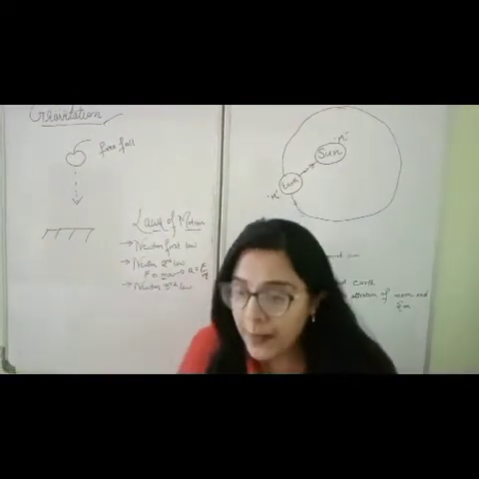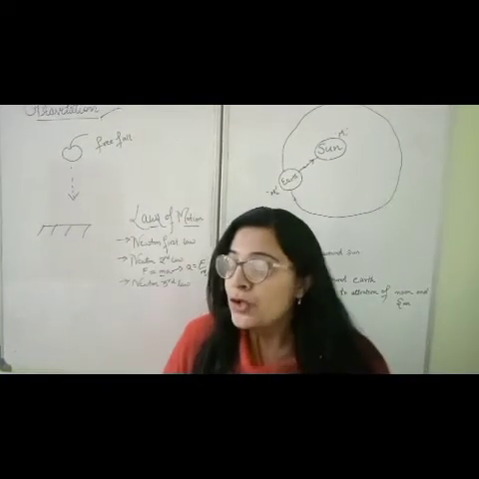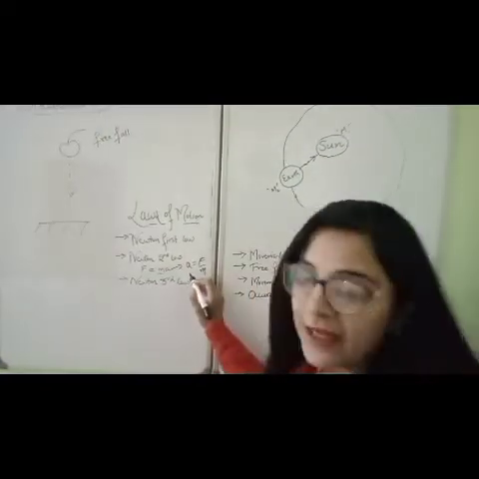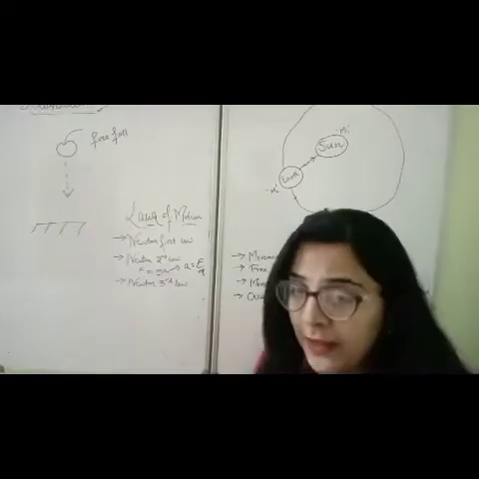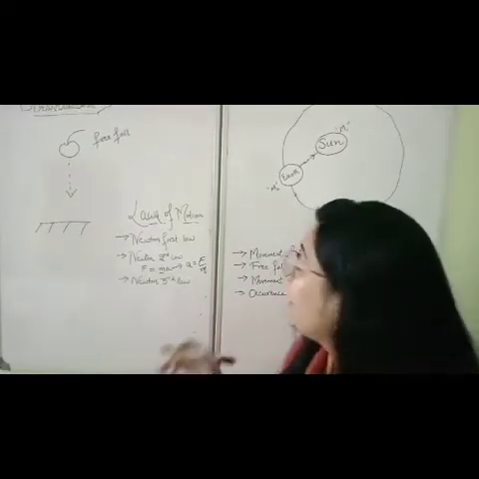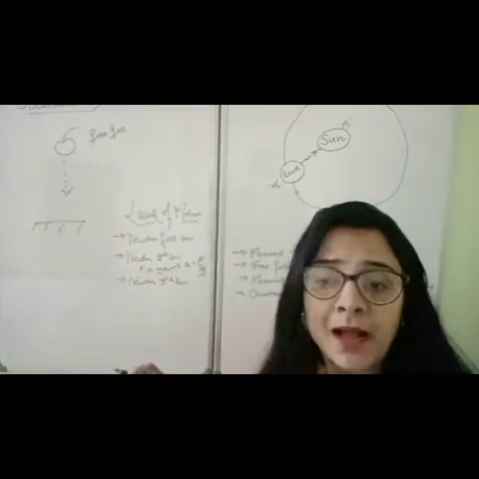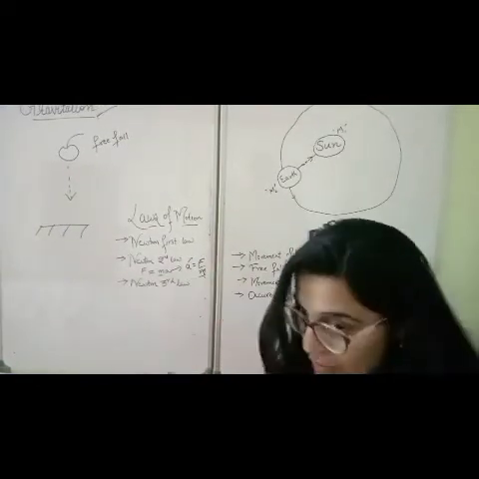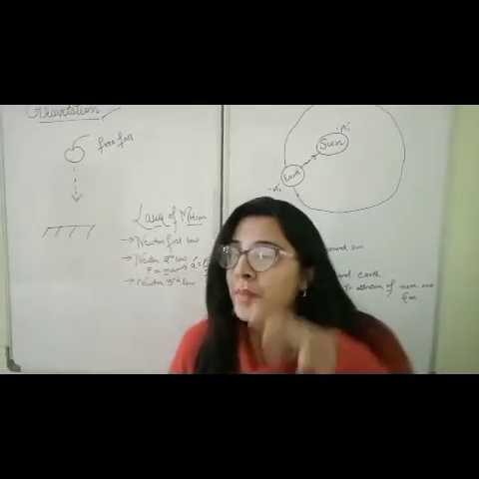Earth has such a big mass as compared to the pen that Earth's acceleration is negligible, so we can't see the Earth moving towards the pen. But the pen has negligible mass, so it accelerates towards the Earth with large acceleration.